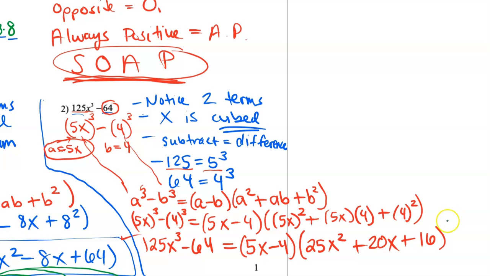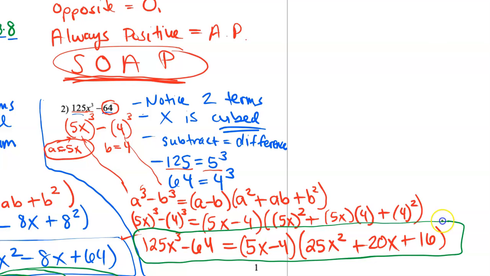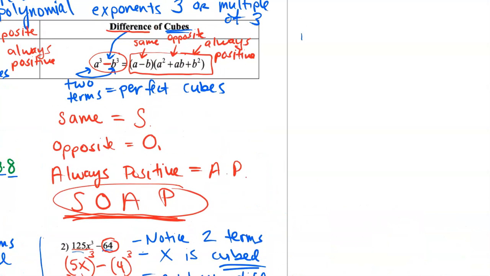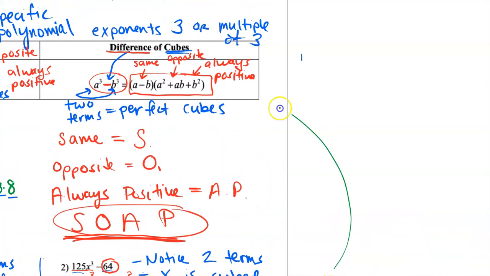According to the difference of cubes formula, this would be the answer. These two things here would be the factors of 125x cubed minus 64. And it was based purely off this formula way up here in our notes.